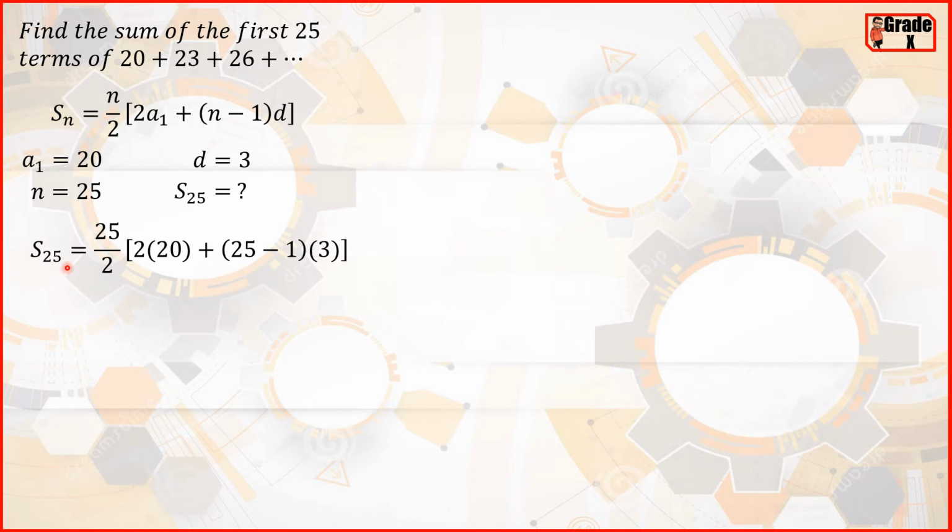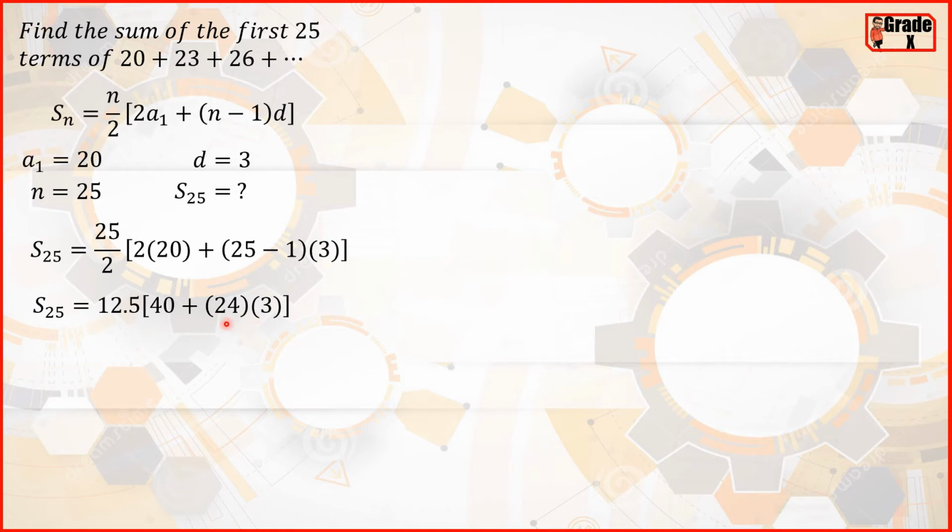So S sub 25 equals, N is 25 over 2. 2 times A sub 1 is 20 plus the value of N is 25 minus 1 times D, which is 3. Then 25 divided by 2 is 12.5. 2 times 20, that is 40. 25 minus 1, that is 24, times 3.